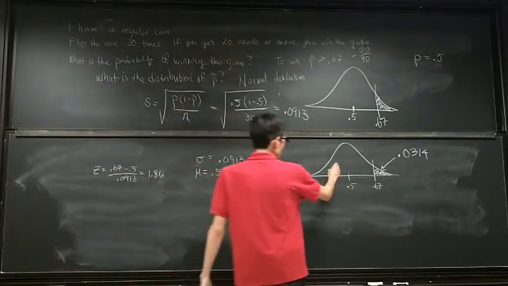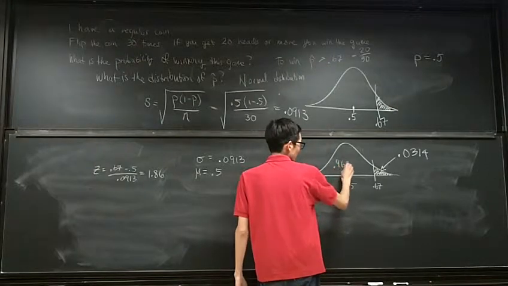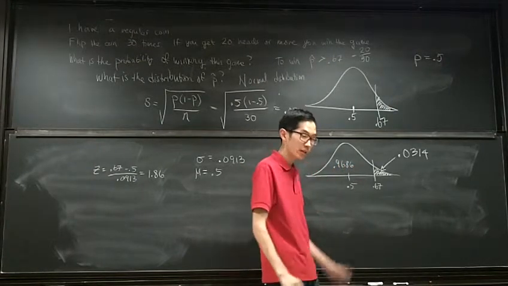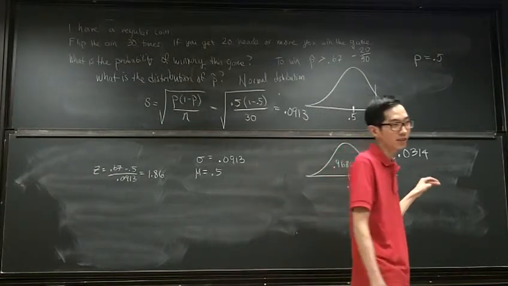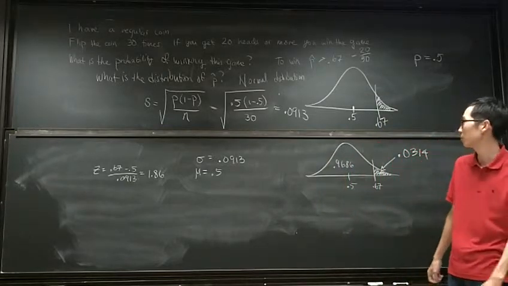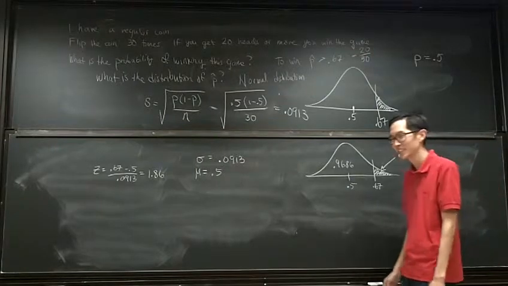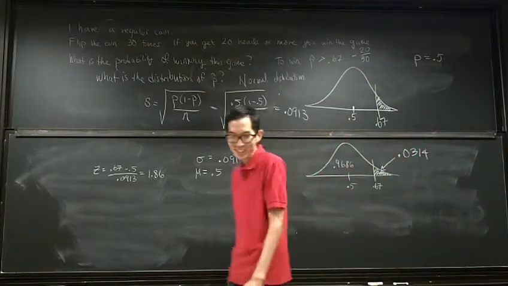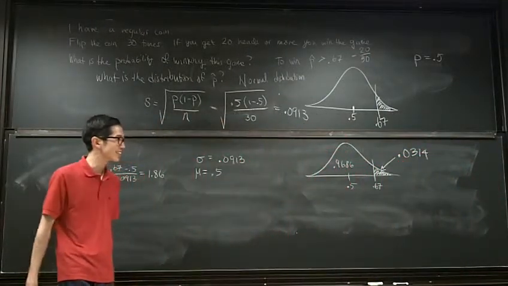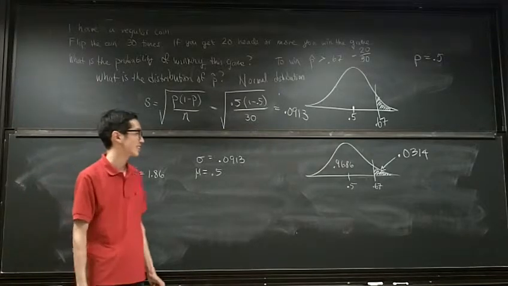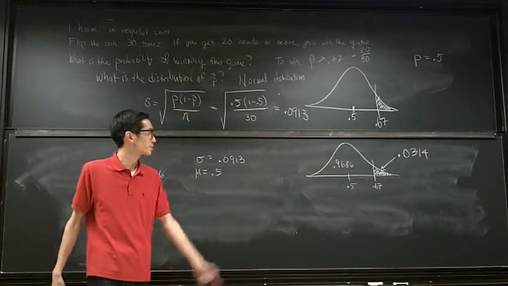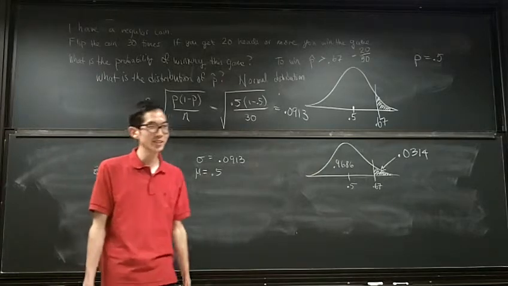Because on this side I get 0.9686, but I don't want 0.9686, okay? It doesn't make sense that the new game in Vegas has a 97% chance of winning. Everybody would play, and they'd lose all their money. 3% chance of winning, okay?